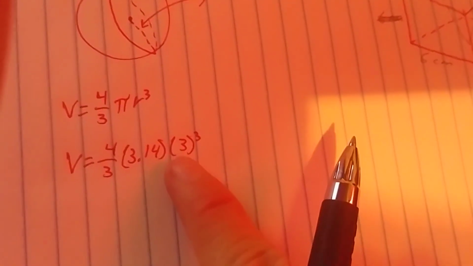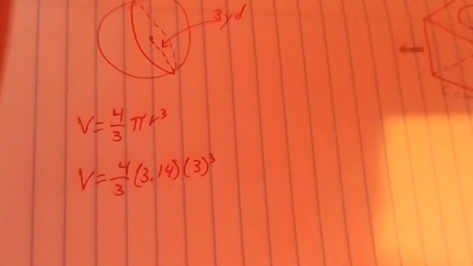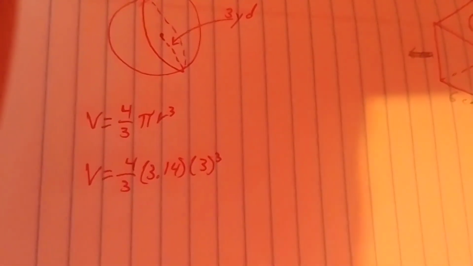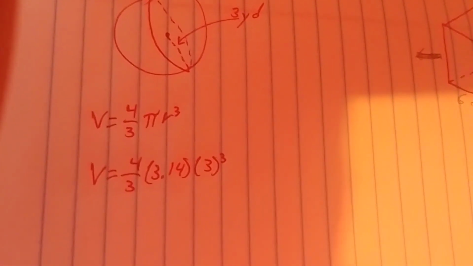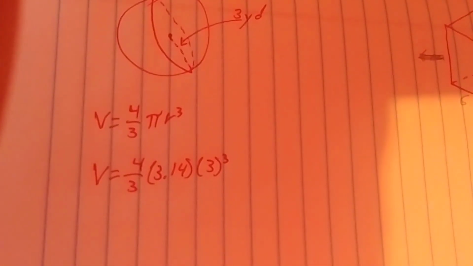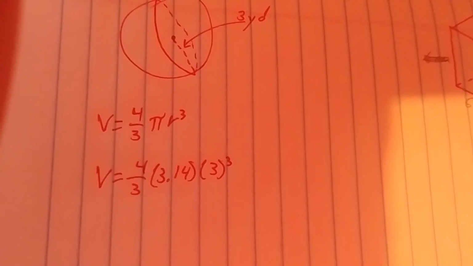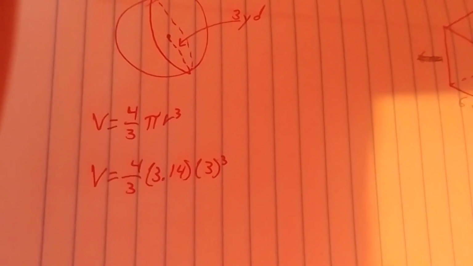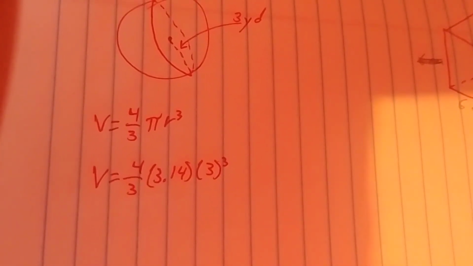Again, 3 raised to the third power, that's the same thing as 3 times 3 times 3. So my volume would be 4/3 times 3.14 times 3 raised to the third power. So again, 3 times 3 times 3.